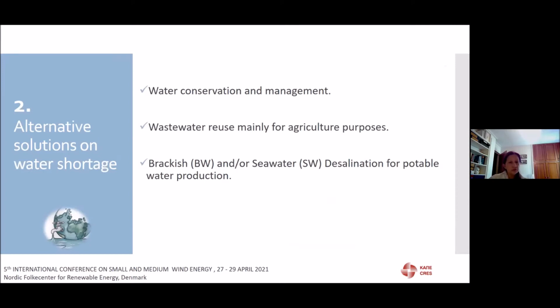So what should we do? Before any other action, and in any case, water conservation and proper water management is of vital importance. Wastewater reuse is an option to cover the agricultural needs, while desalination is a solution to cover drinking water needs.